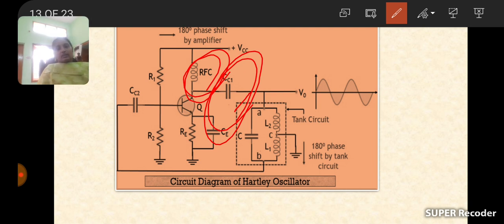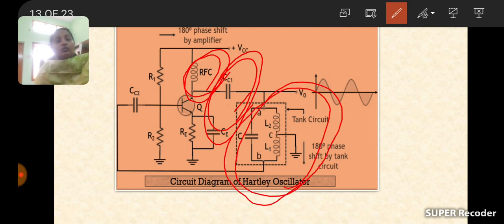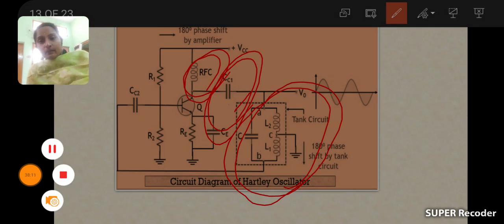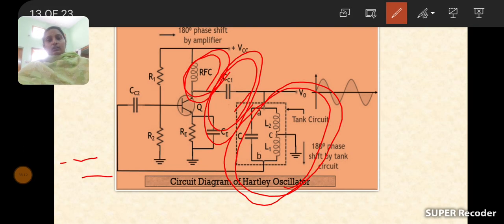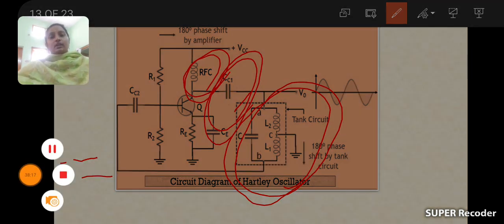And this output is connected to the transistor through the tank circuit. Already I said the tank circuit is made with two inductors and one capacitor. What are the two inductors? L1 and L2. These are connected in series and in parallel with the capacitor. So the capacitors are used to connect the output of one stage to the input of the next stage.